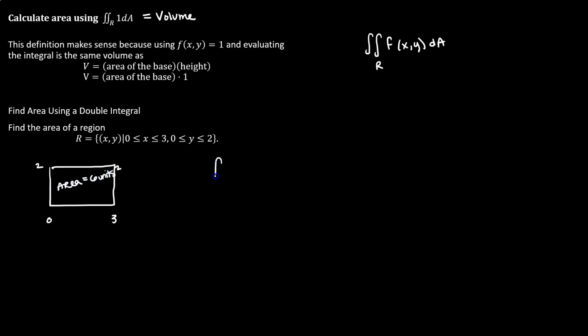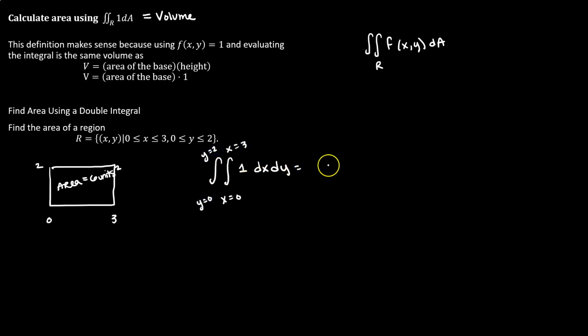But let's see if we can use this new iterated integral to figure this out. So we're integrating under the constant 1, and it doesn't matter which variable we integrate with respect to first, so I'm just going to put y second. x is from 0 to 3, y is from 0 to 2.